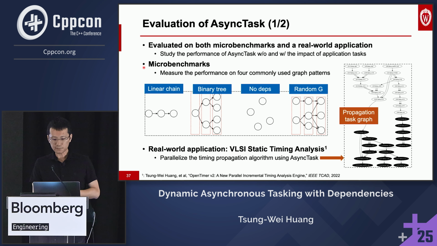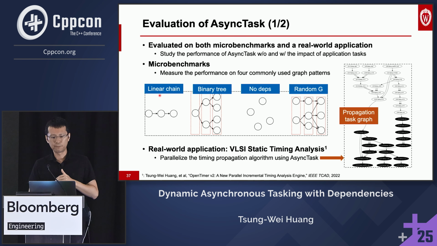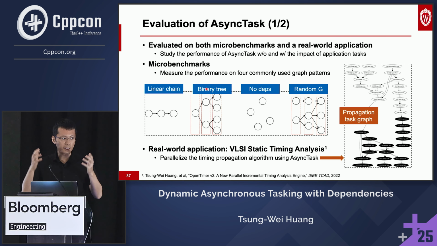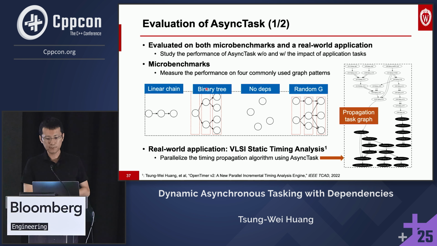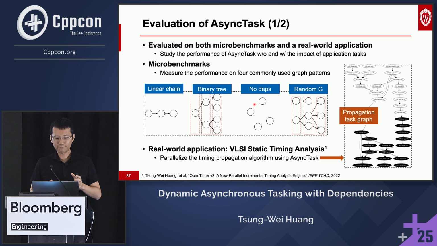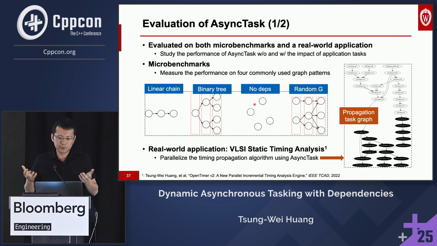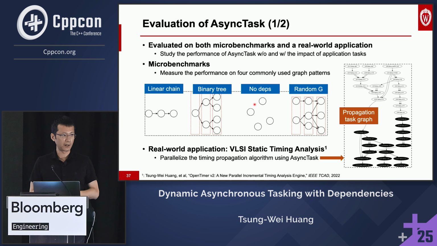In linear chain, tasks are executed sequentially, one after another. Very simple. Binary tree is a very frequently used pattern for implementing parallel divide and conquer algorithms. Each task will spawn 2 dependent tasks all the way to the end. Embarrassing parallelism: all tasks are very simple, independent of each other, and they can run completely in parallel without any dependencies.